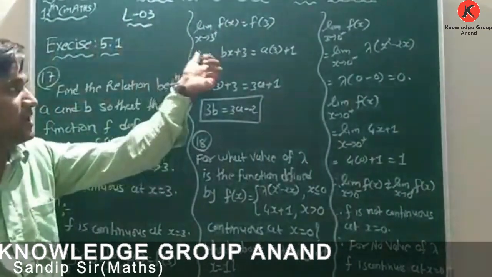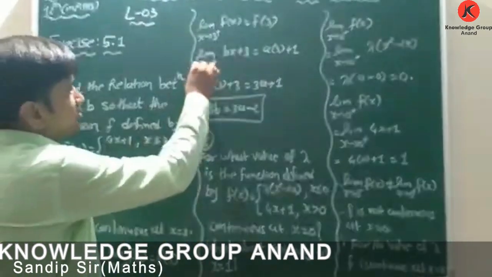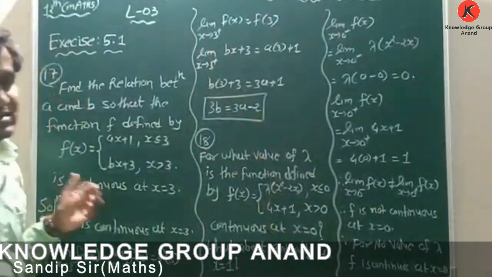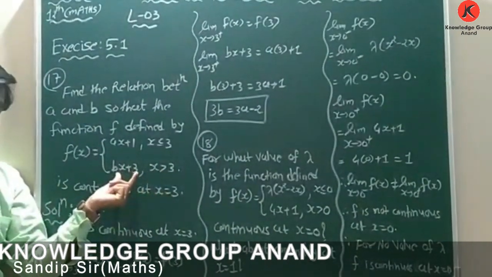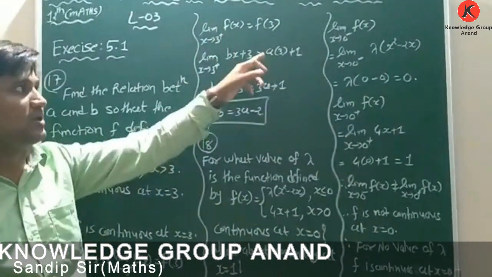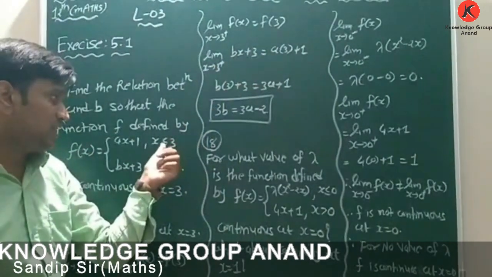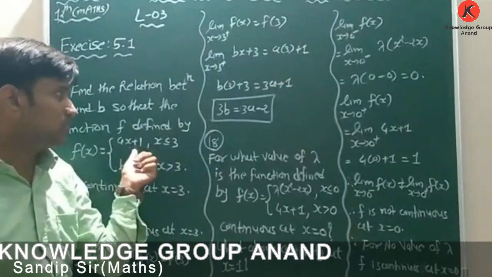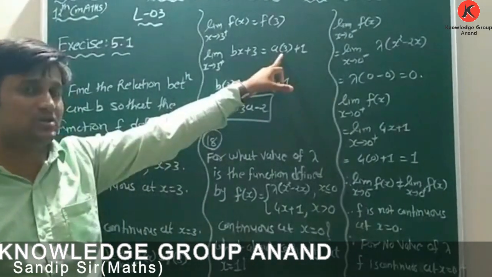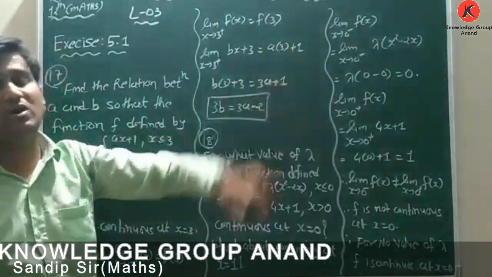Okay, so limit x tends to 3 plus, slightly greater than 3, slightly greater than that means the function is bx plus 3. Okay, and f of 3, that means at x is equal to 3 the function is ax plus 1. Okay, putting the value of x is equal to 3, that means a into 3 plus 1.